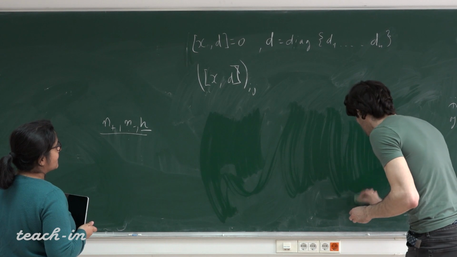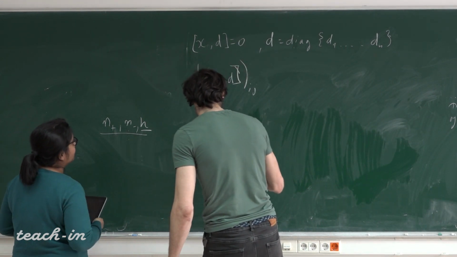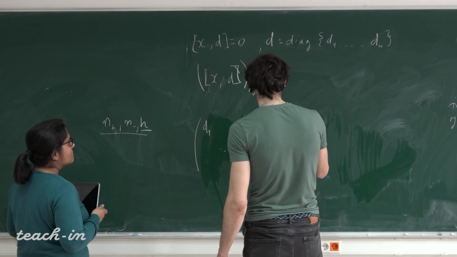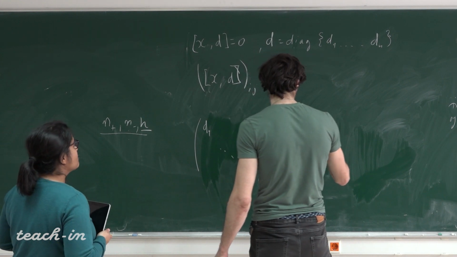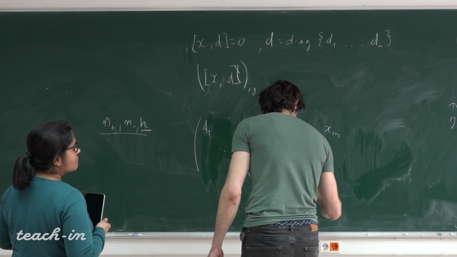To recall, we have diag(d1, ..., dn) multiplied by the matrix x11, ..., x1n, ..., xn1, ..., xnn.